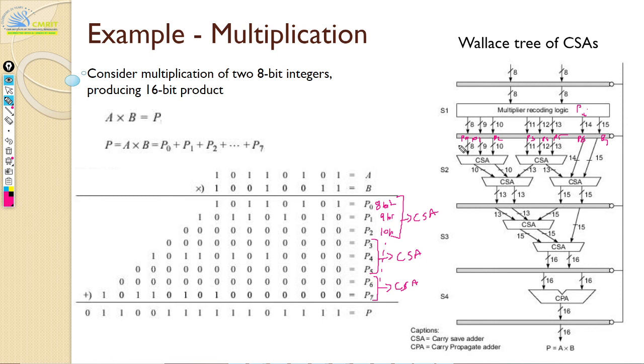Now you're grouping p0, p1, p2 together, giving it to a carry save adder. The output of this carry save adder is going to be 10 bits. Why? Because you're going to take the maximum of these three. Even though these are 8 and 9 bits, you consider these three as three 10-bit inputs, so you will get a 10-bit output. But you will not get a 10-bit sum.